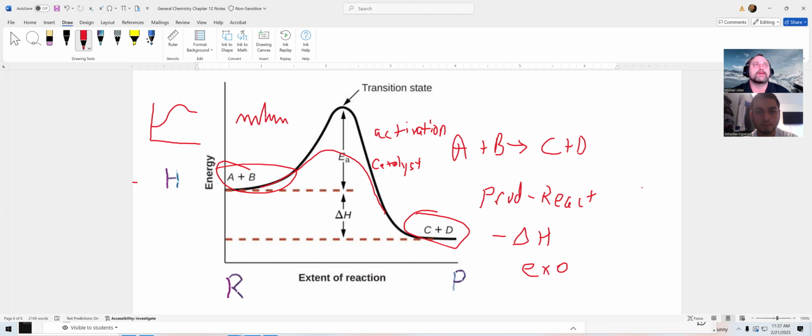Trying to think of another example we use. There are all kinds of ones that we can use.